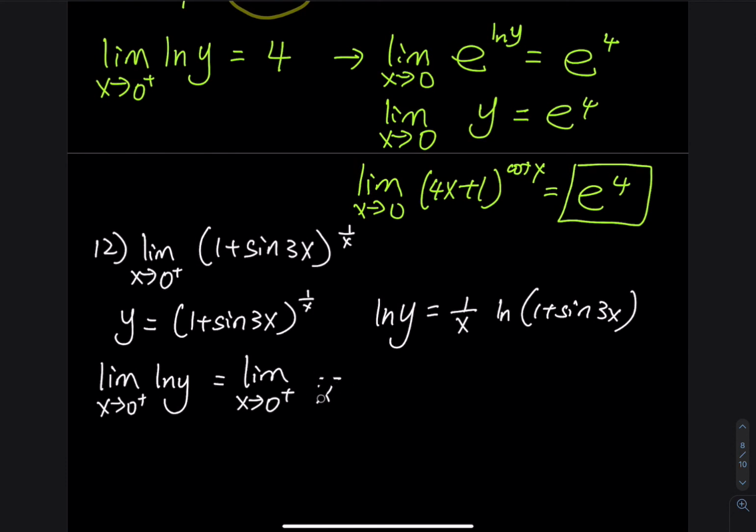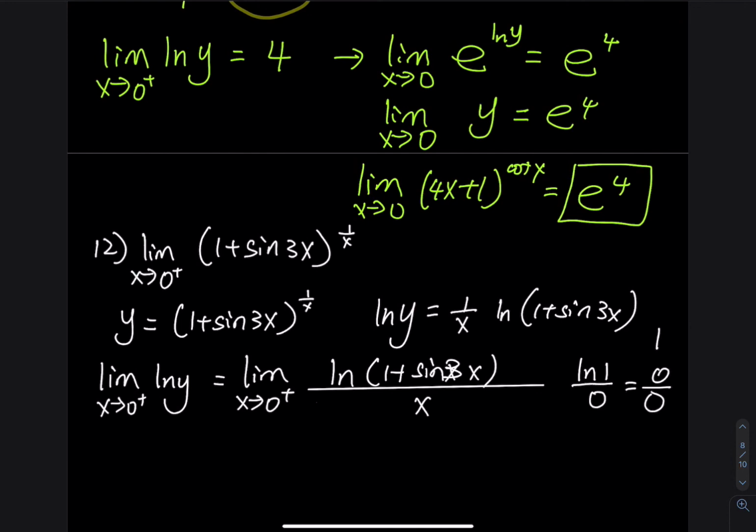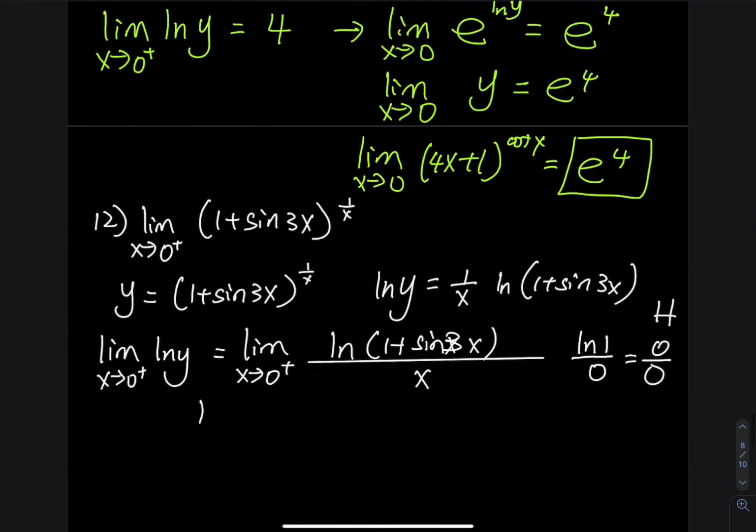Okay, let's rewrite this. Fraction bar x and then ln of 1 plus sine of 3x. So let's plug in the 0. So sine of 0 is 0, right? Then we have ln 1 divided by 0. Then that is 0 over 0. So L'Hopital's rule is applied. Then we apply L'Hopital's rule.